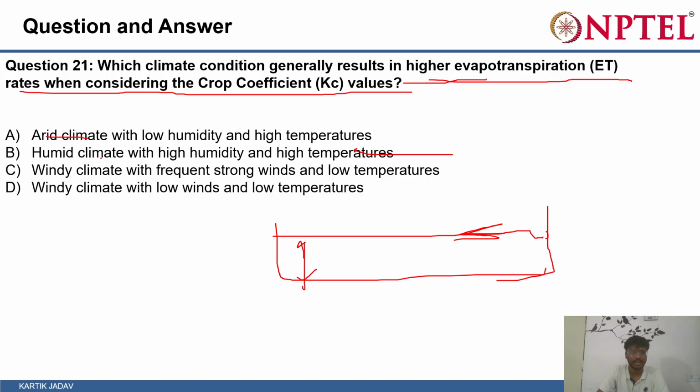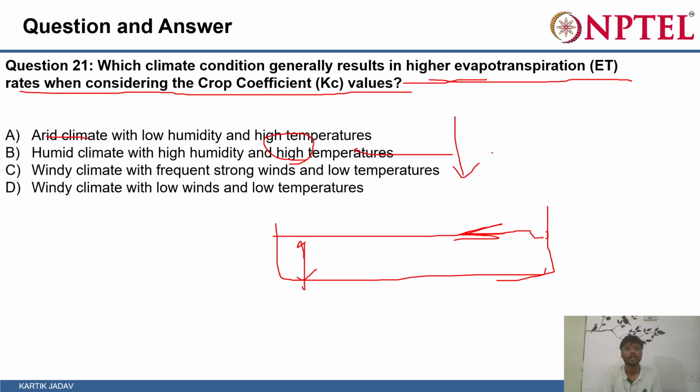Okay, second, a humid climate with high humidity. Even if they have a high temperature, in a humid climate evapotranspiration will not occur at a much faster rate, or it will occur very slowly, because the air present in humid climates is already at a saturated level, which means it cannot hold more water.